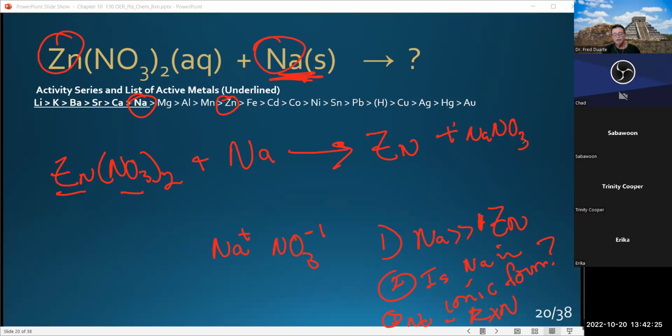Since it's sodium, one of the big four, remember that? It is soluble, it's aqueous. And zinc is solid. We know all nitrates are also aqueous.